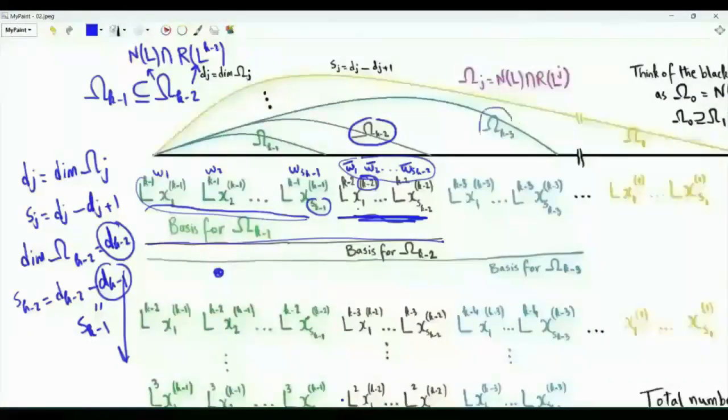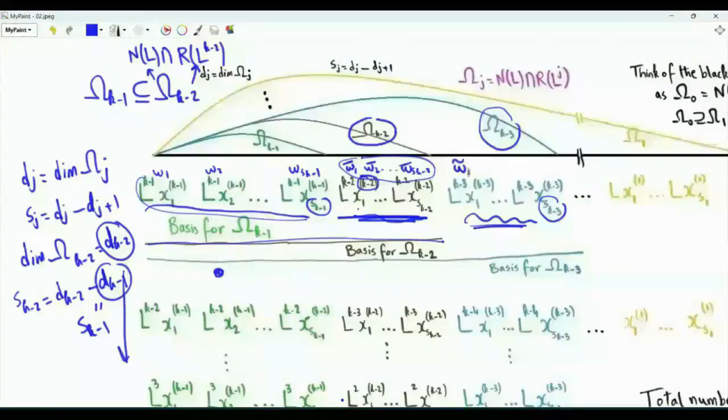We have the basis for omega k minus 2. Let's extend it to cover omega k minus 3. How many extra basis vectors do we need? We need s_{k-3}, which by definition is d_{k-3} minus d_{k-2}. s_{k-3} is the dimension of omega k minus 3 minus the dimension of omega k minus 2. We obtain those extra basis vectors.